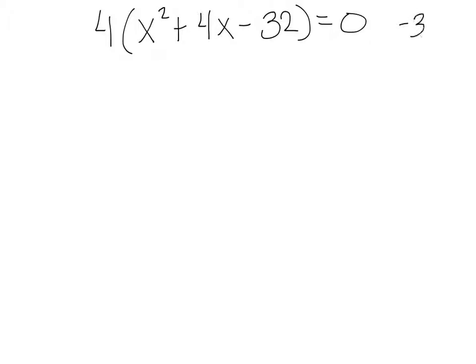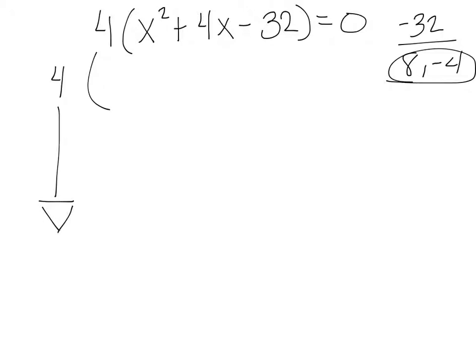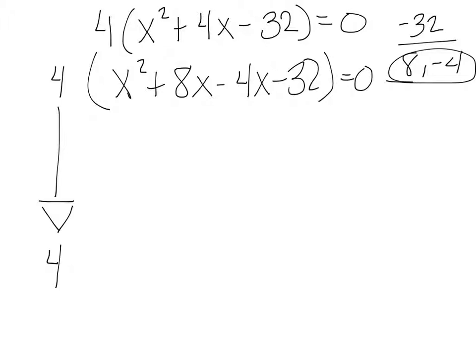For 32, I can have 8 and negative 4, and that's going to equal my 4. So I keep my 4 out here, and I'm just going to draw an arrow to the bottom so I don't forget my 4. And then I have my x squared plus 8x minus 4x minus 32 equals 0.